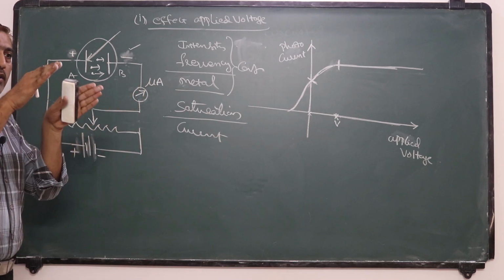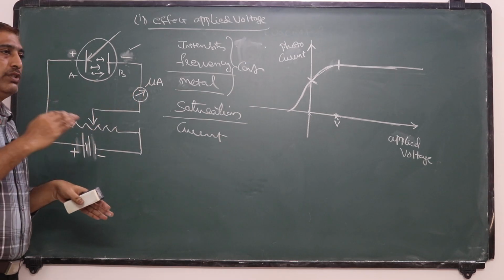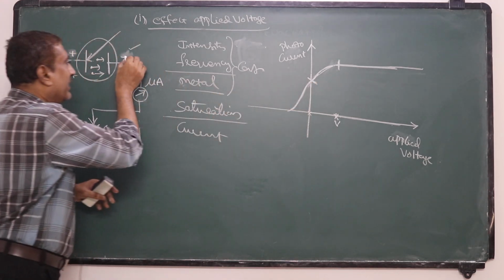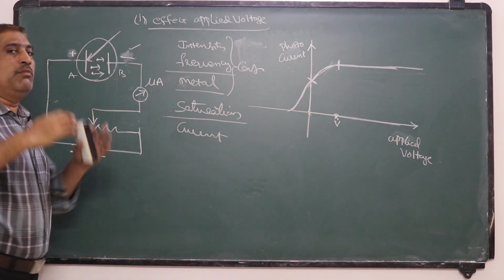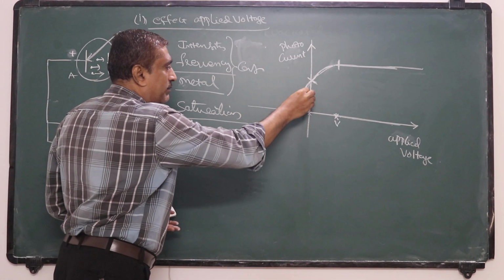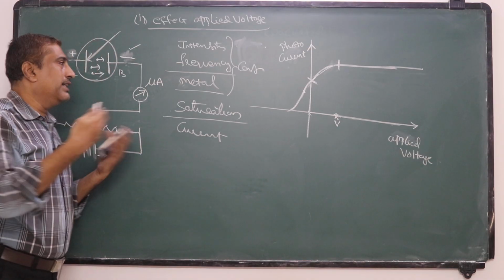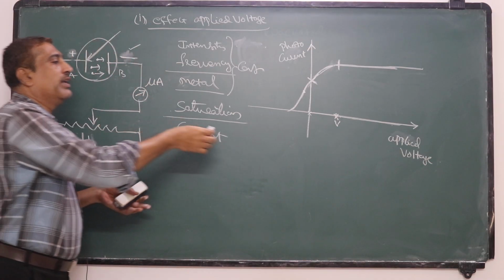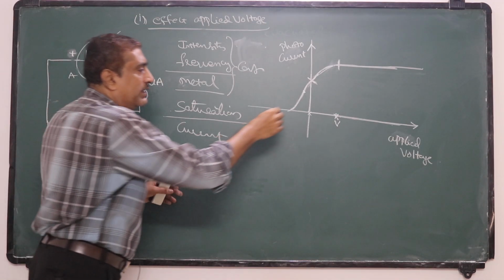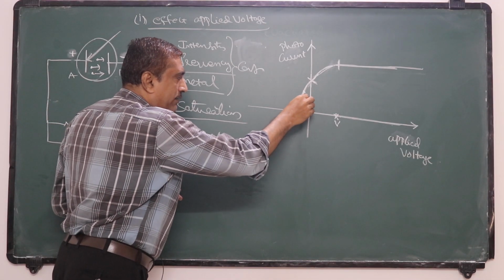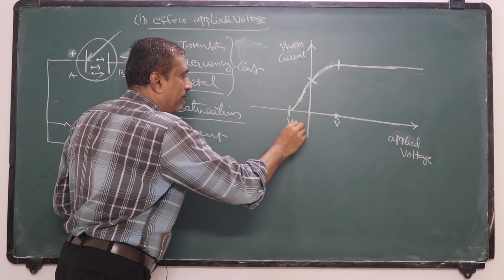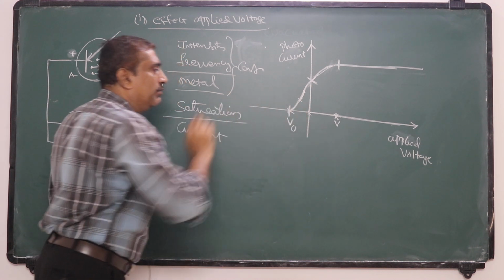That means the number of photoelectrons that can move decreases, so the photocurrent decreases. If we increase the negative potential, some more electrons are stopped and the current decreases again. In that way, at a particular value of applied voltage, the current becomes 0.